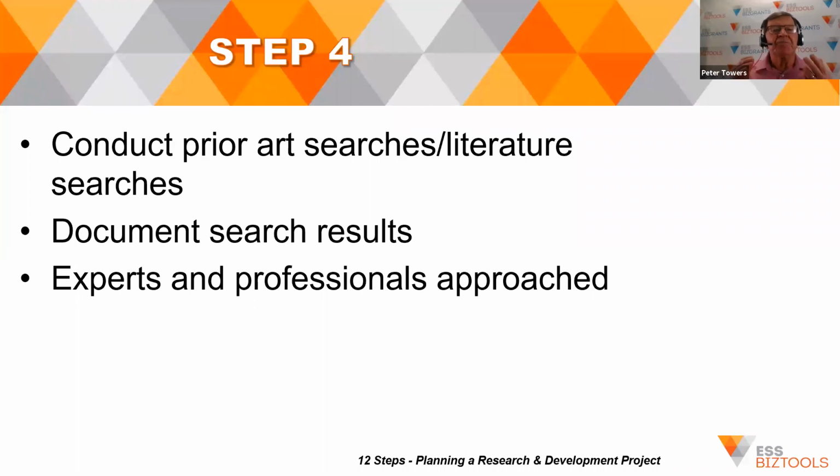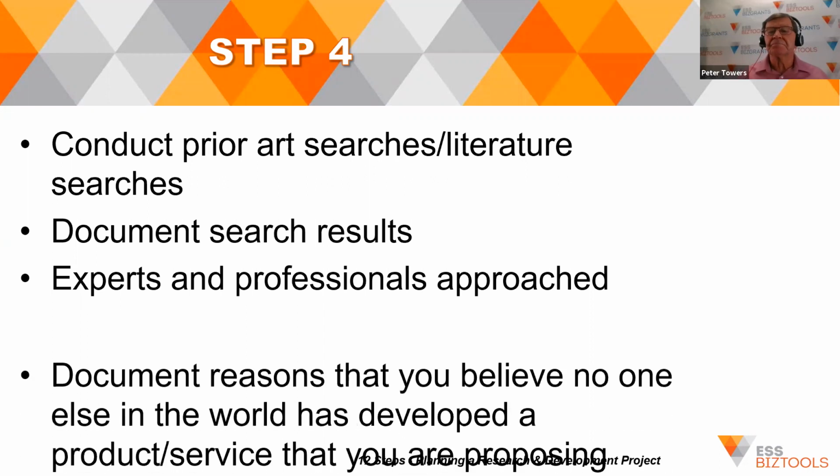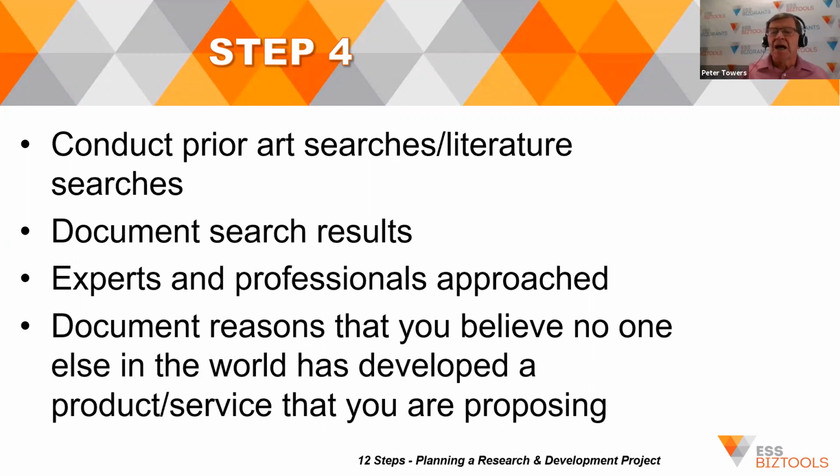So this prior art, prior literature has to be in the public space that people can search and find it. And then the client needs to document why they believe no one else in the world has developed a product or service that they are proposing to develop.